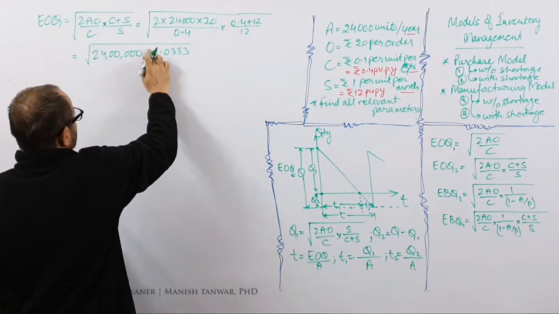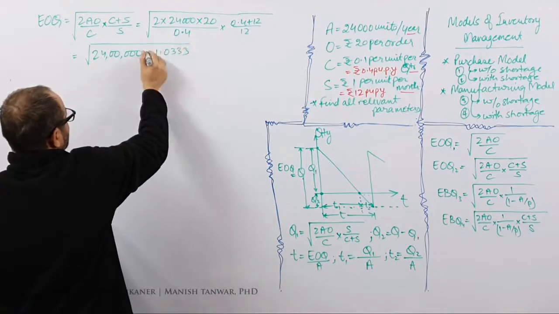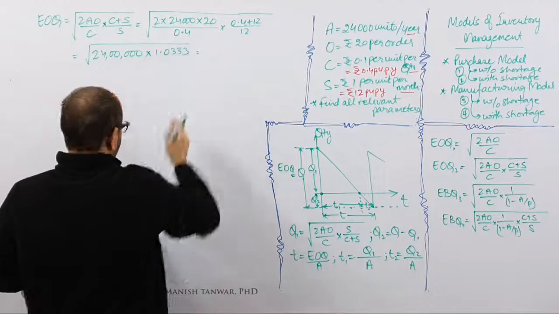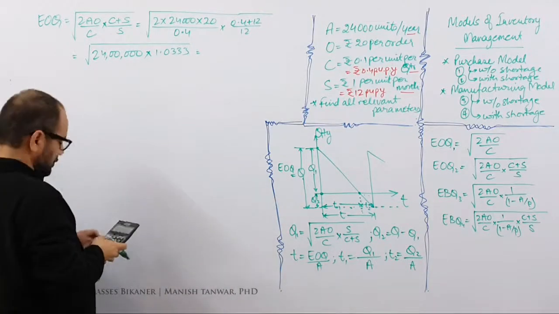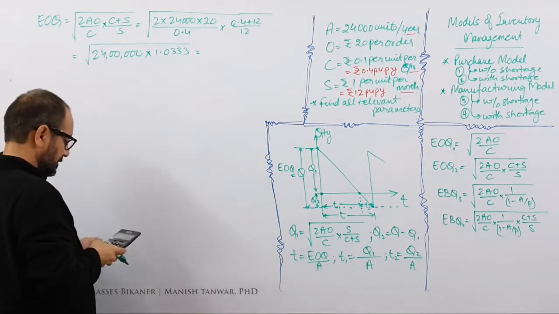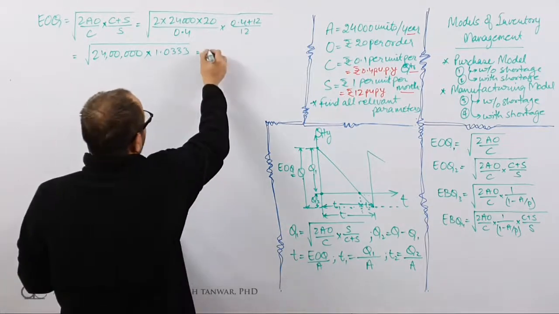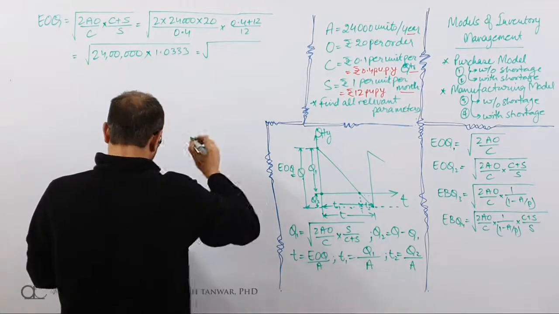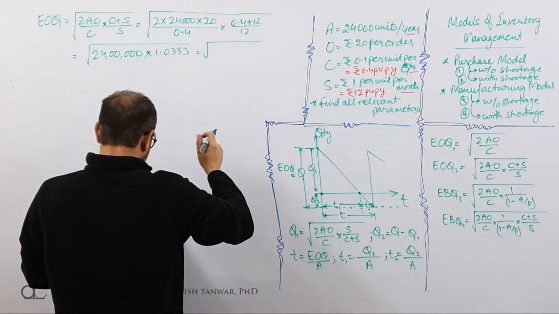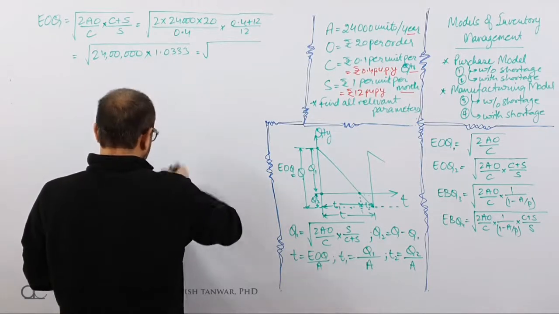This is not add, this is rather multiply. Multiply it by 24 lakh to get 24,799,999.